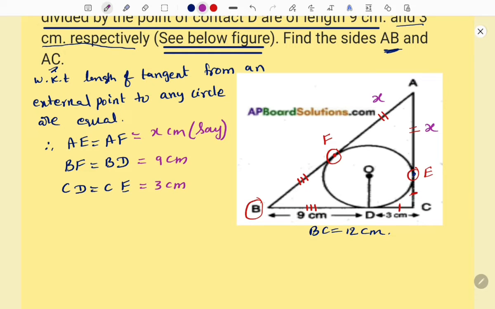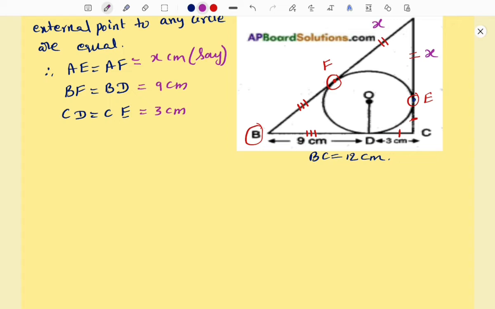Okay? Now join OE. Here OD is perpendicular to tangent BC, yes, it is perpendicular.